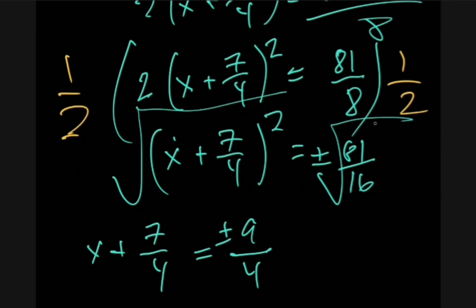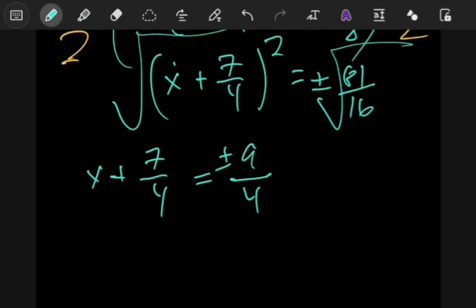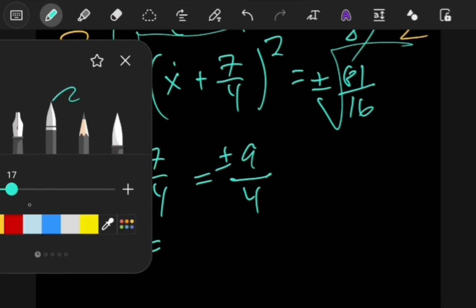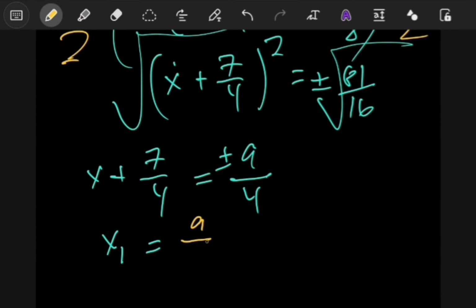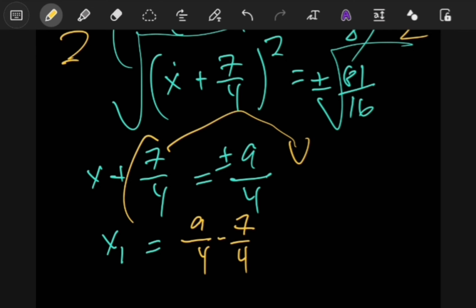Obviously we have two answers. If 9/4 is positive, obviously that is 9/4. If we transpose, that is negative 7/4. So I just transferred this number and it became a negative number. So this is equivalent to 2/4 or 1/2.